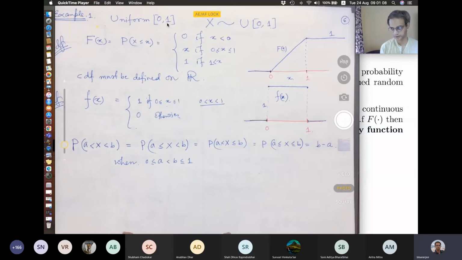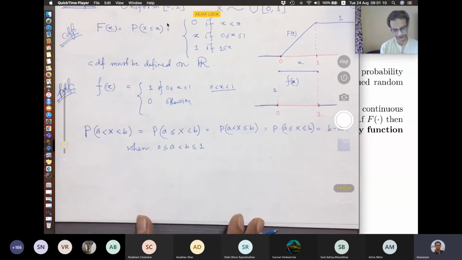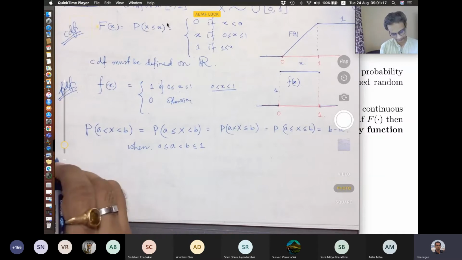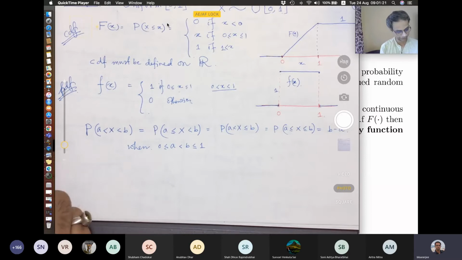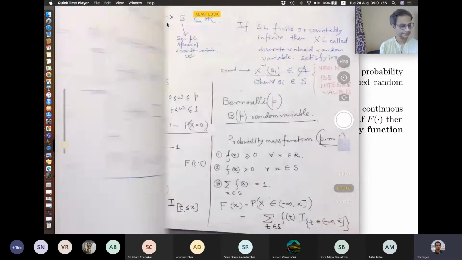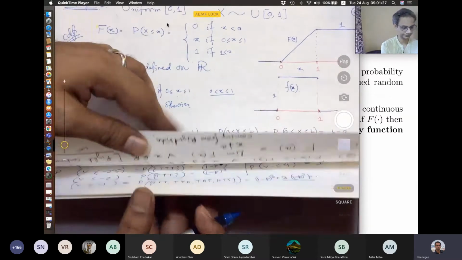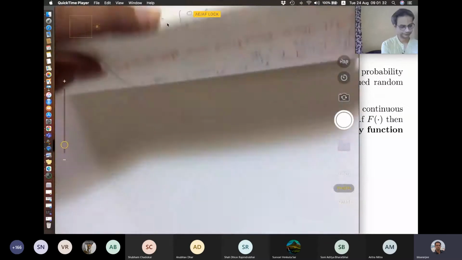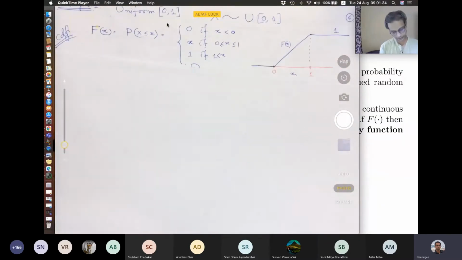Okay, so now let us start the jugglery with it. Let me define. Should I use another page? I think that will be better. Okay, now example 2.